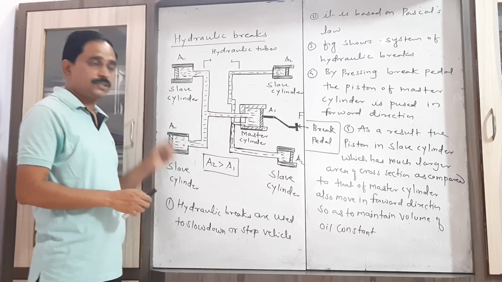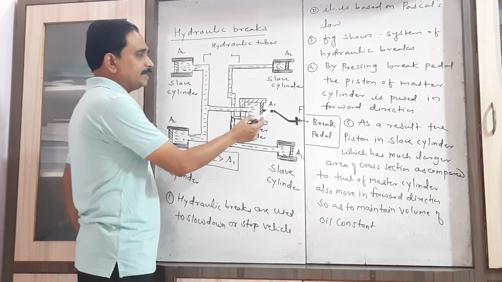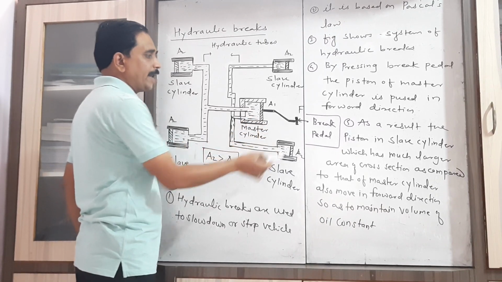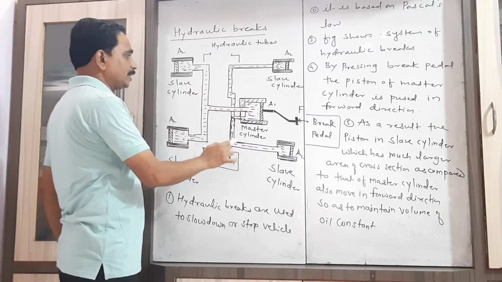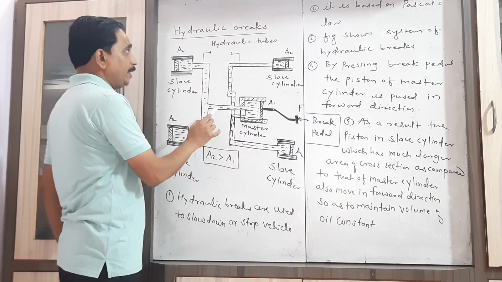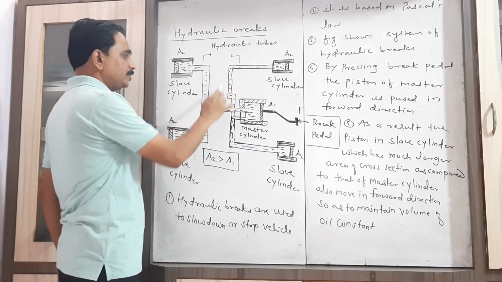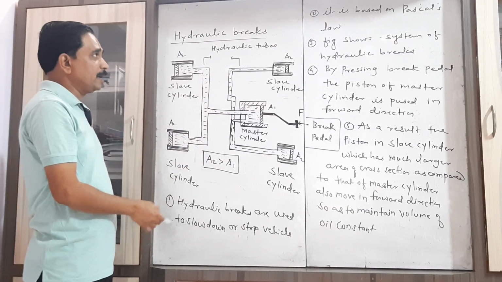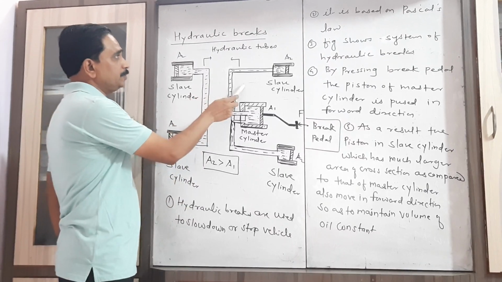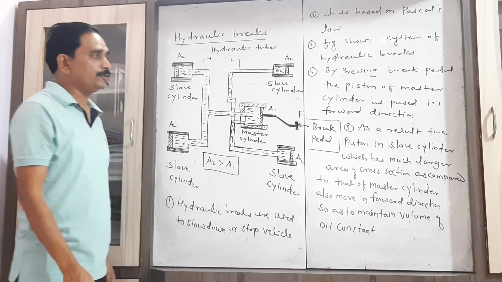The piston of the master cylinder is connected with the brake pedal, and these cylinders are interconnected with the help of tubes in which there is a fluid, the brake oil, which is incompressible. These tubes are called hydraulic tubes.